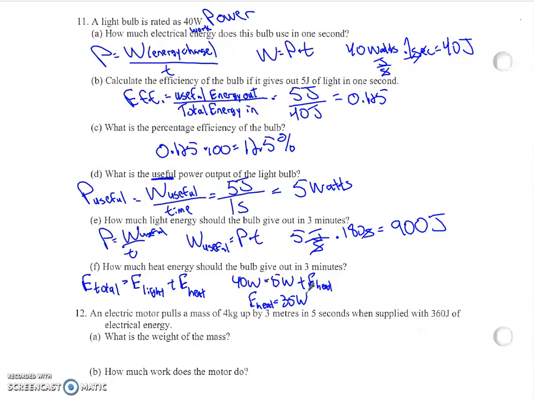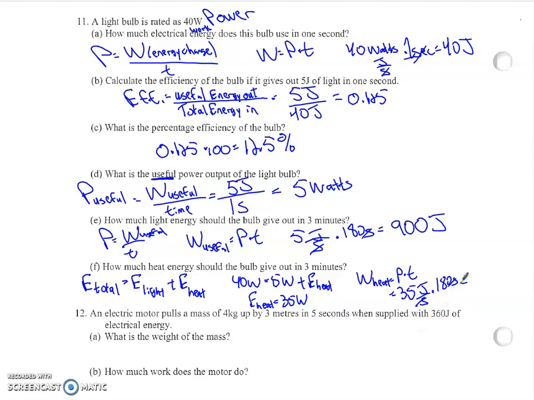So what it's asking is how much heat energy the bulb should give out in 3 minutes. Remember, it's power multiplied by time. We use this 35 watts as the power, which I'm writing as joules per second. The time is 3 minutes, so again that's 180 seconds because we need the seconds to cancel out.